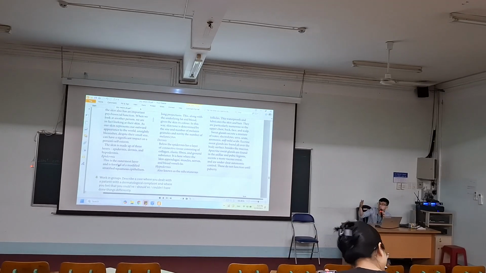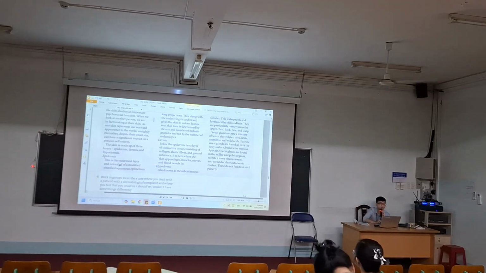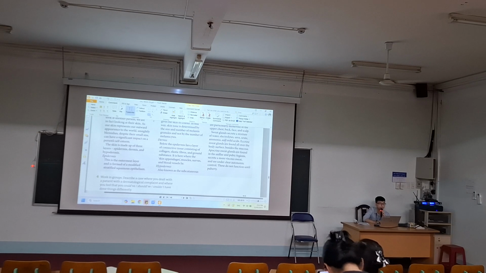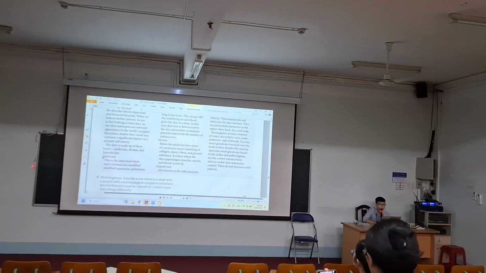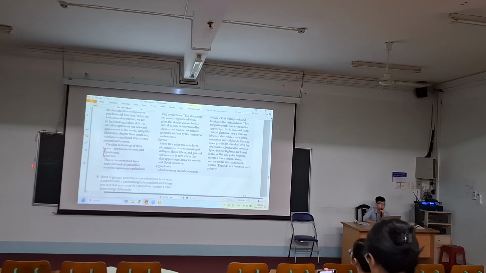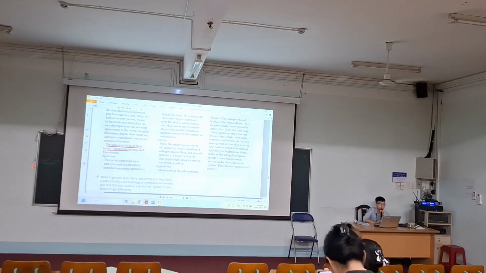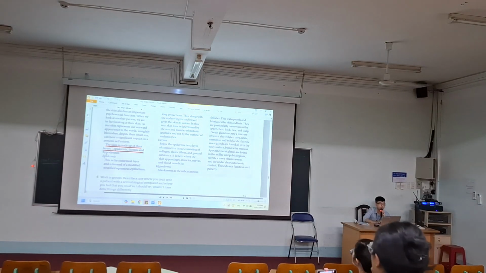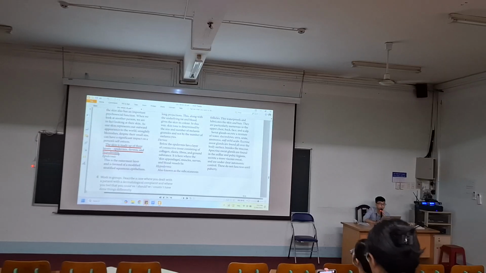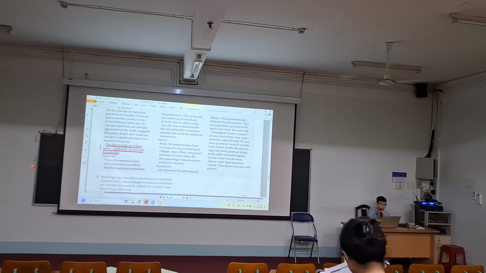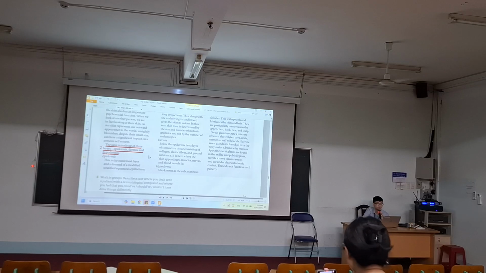So, the skin is made up of three layers: epidermis, dermis, and hypodermis. Right? And then you mark this one as number 2. Okay, number 3.